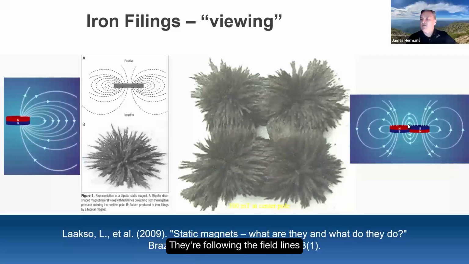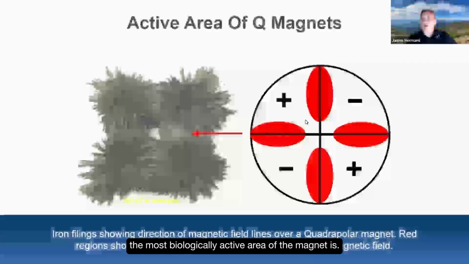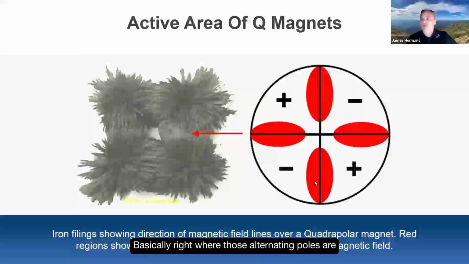They're following the field lines going from one pole to the adjacent alternating pole. That's where the most biologically active area of the magnet is, right where those alternating poles are, and that's been shown through quite a few different trials, experiments and published research.